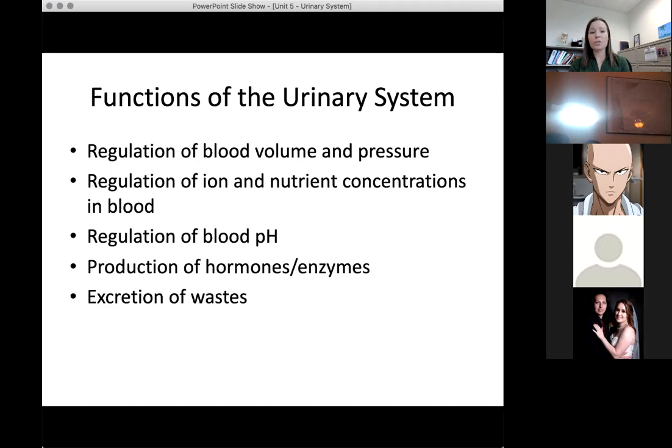Also, it helps to regulate the concentrations of various substances within the blood, different ions like sodium, potassium, also nutrients like glucose, amino acids, etc. It also helps to regulate the pH of blood.